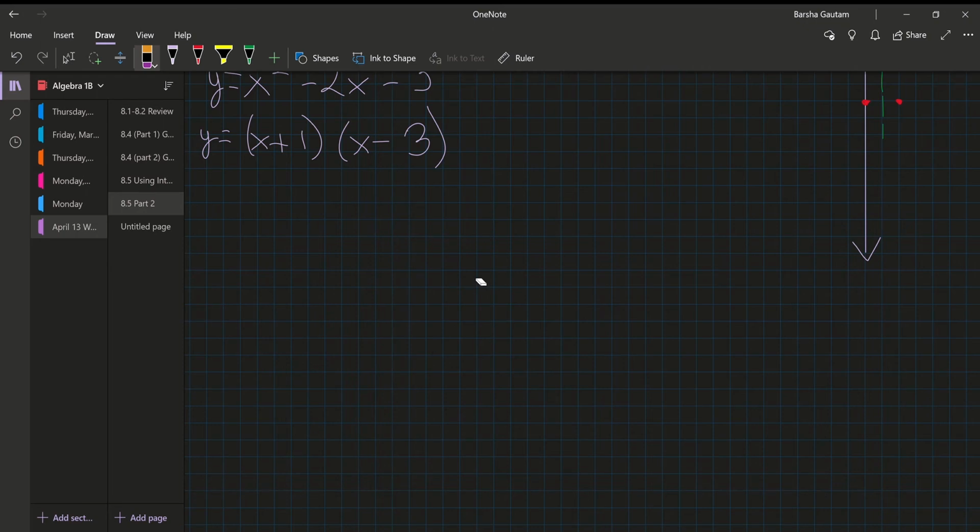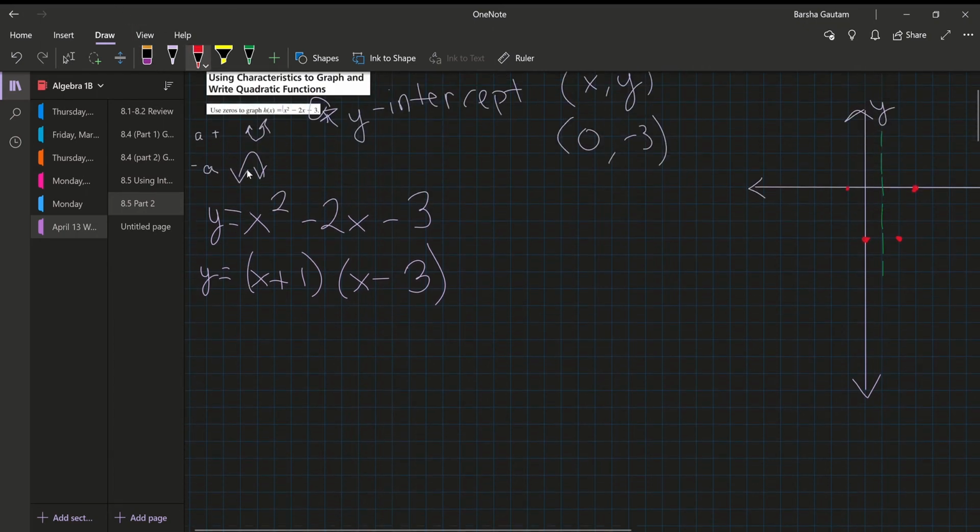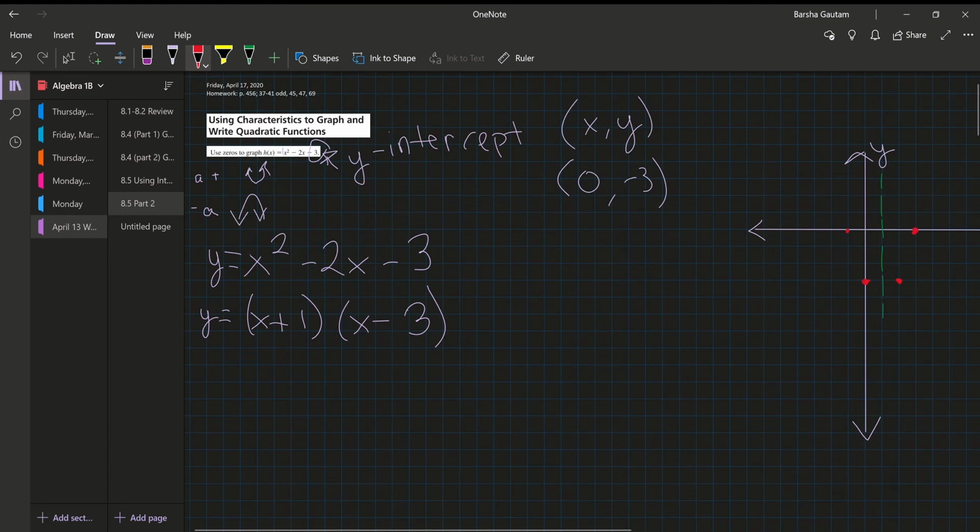If you need any of this information, you can scroll back to the video. Okay. So y is equal to, we're going to replace the x's with 1: 1 plus 1, and x minus 3. Oh, not x. Should have written 1. 1 minus 3.